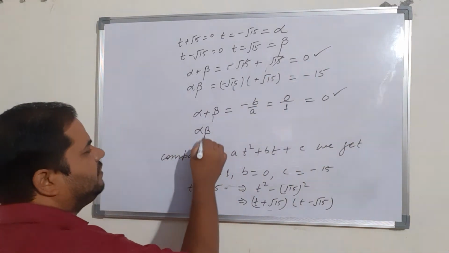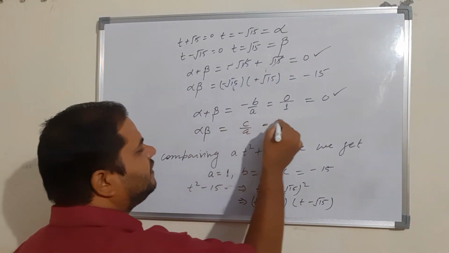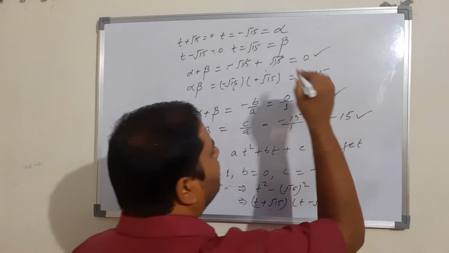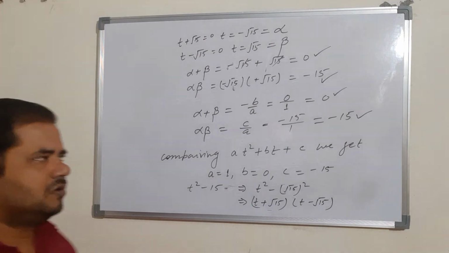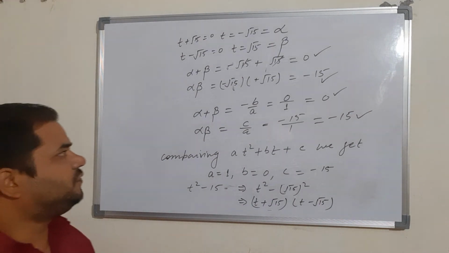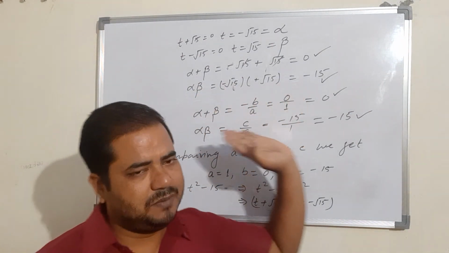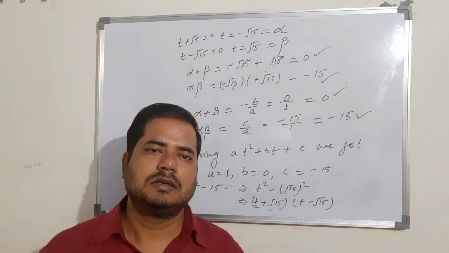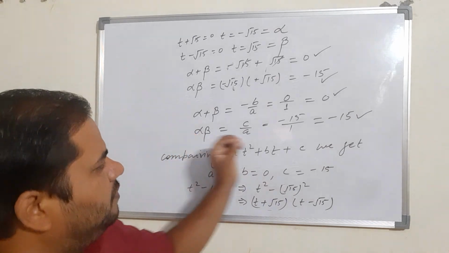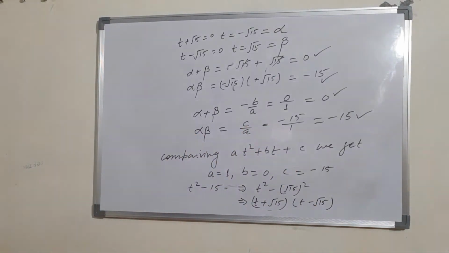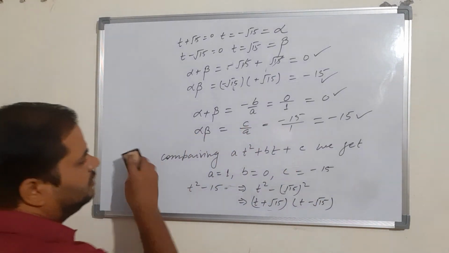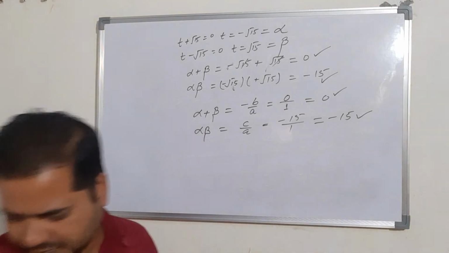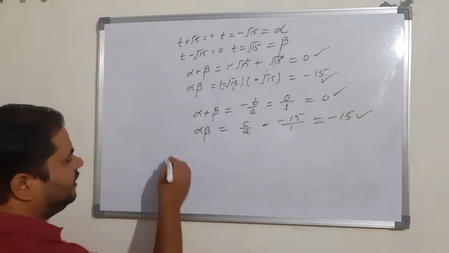Similarly alpha beta is c by a, c is minus 15 by 1, this is minus 15. This is also the same. So by the formula and by the factorization method, in both cases the sum and product of the zeros are the same, and we only have to verify that. That's why we can say the question is verified.